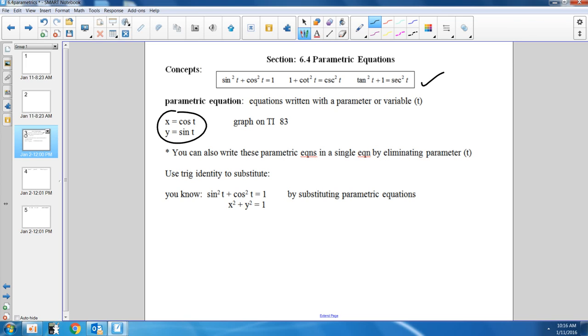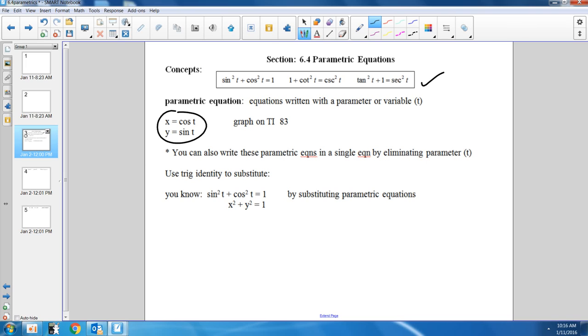Now, before I forget, what you may want to do is on your graphing calculator, go back to the function mode, because you may need that function mode later and you may forget what you just did there. So you may want to replace it after you're done with the parametric. Going back to the book work, what we're going to focus on is actually transforming the parametric equations into a function equation.